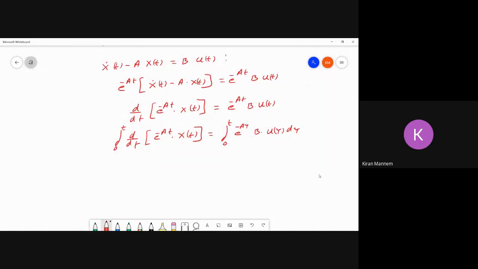So this would be e power minus at into x of t from 0 to t is equal to integral 0 to t e power minus A tau into B, with tau as the variable here.